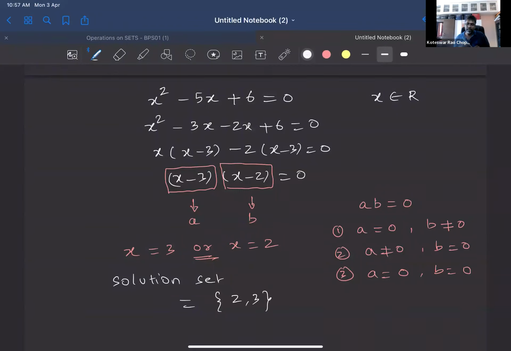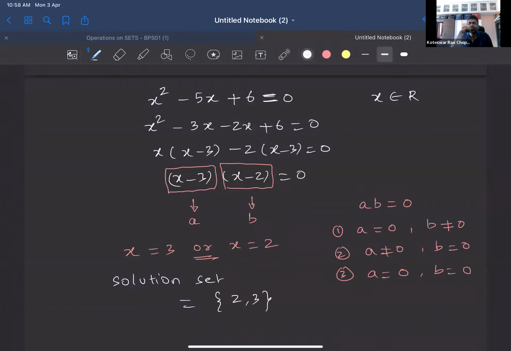Now, let us move to inequalities. From the quadratic equation, let's convert the same thing into a quadratic inequality. So now pay attention here. Instead of the equal to sign, I can change that to greater than, or greater than or equal to, or less than or equal to.